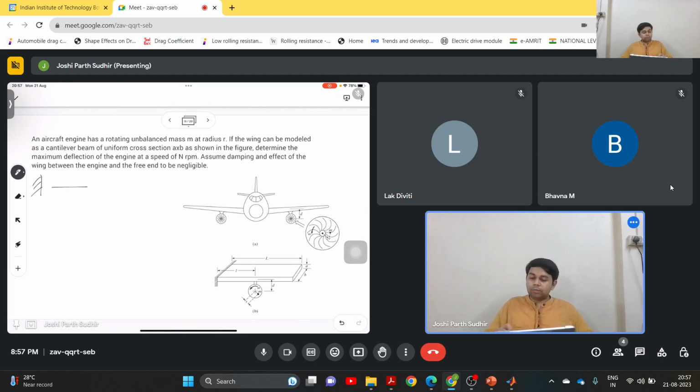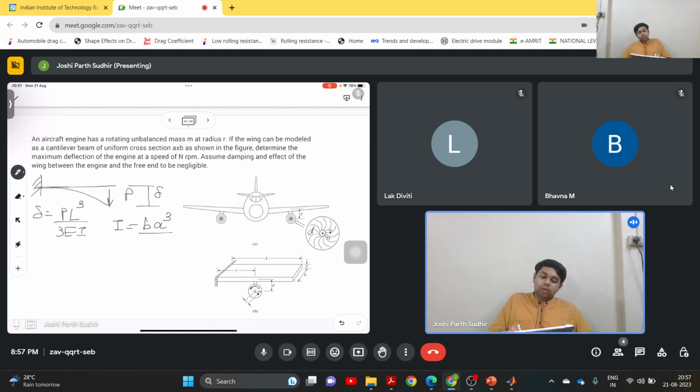concentrated load, this deflection delta is PL cube by 3EI. Here I is basically the area moment of inertia.